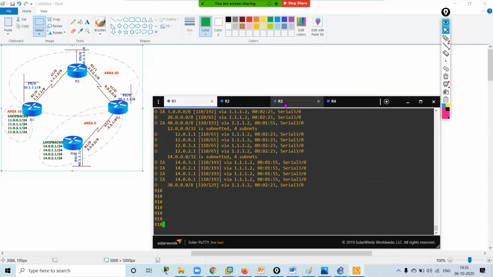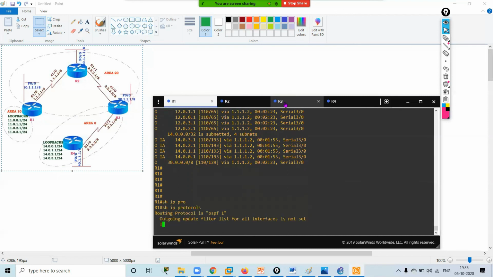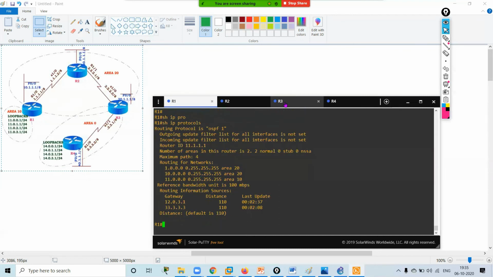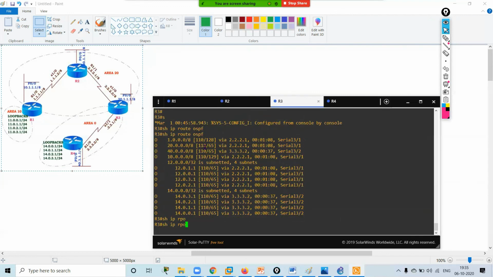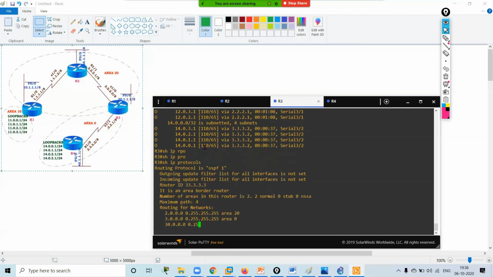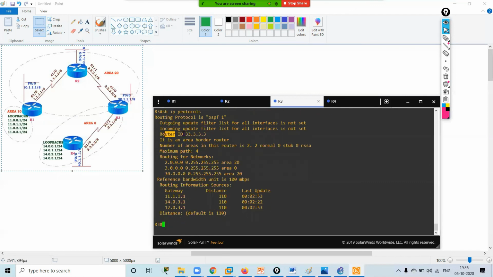So now show IP protocol, first of all on the area border router of the virtual area and check what is the router ID. So here it is 11.1.1.1. This is the other area border router of the virtual link. Here it is 33.3.3.3.